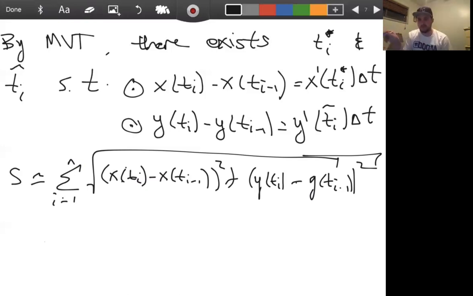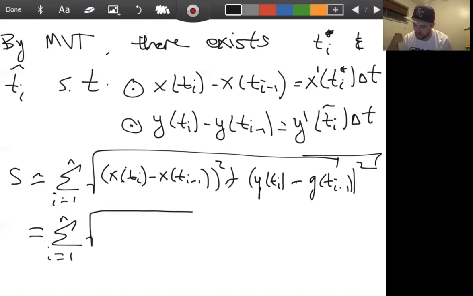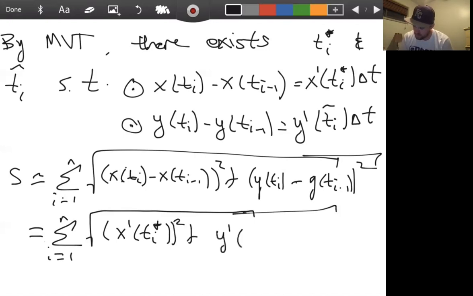It's one continuous curve, so this is only an approximation. But by the mean value theorem and the introduction of this t_i star and t_i tilde, I can say this is the sum from i equals 1 to n of x prime t_i star squared plus y prime t_i tilde squared. Forgetting my dt's here. Let me fix that.